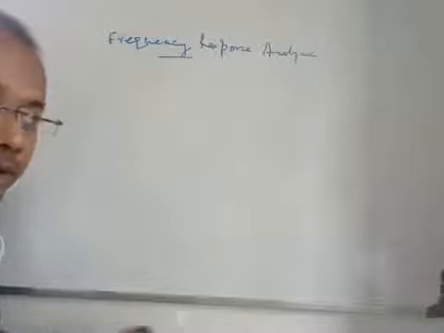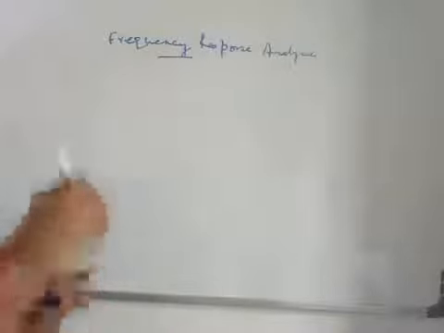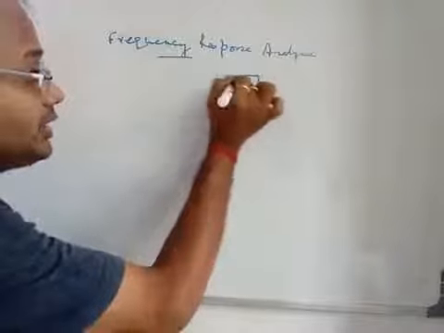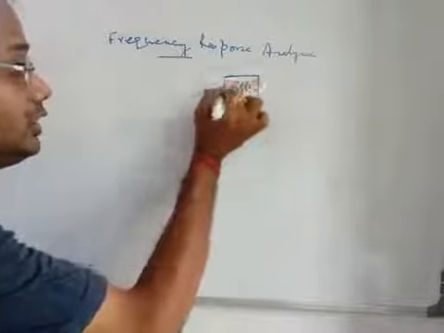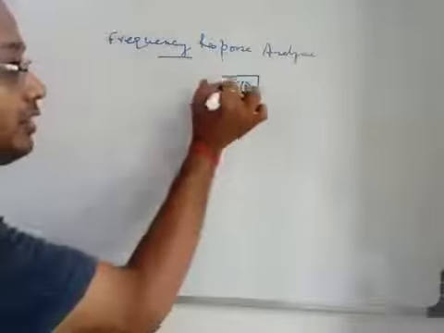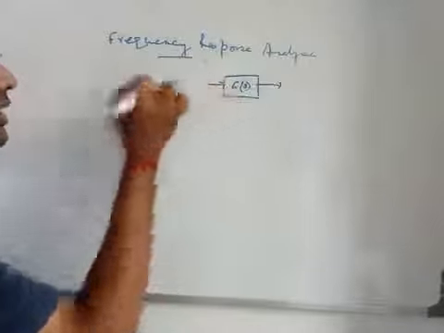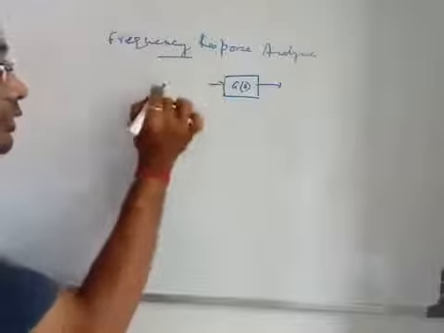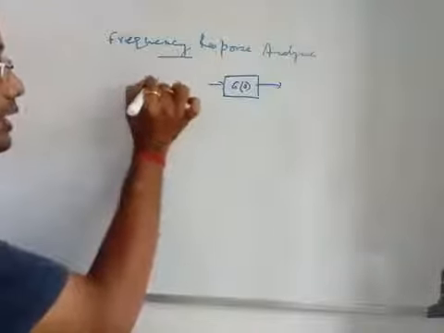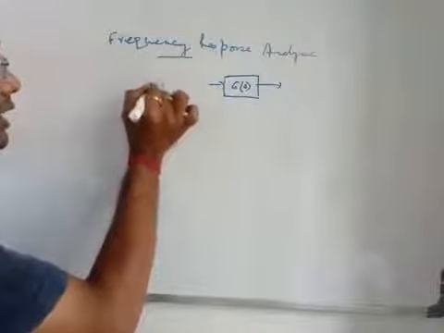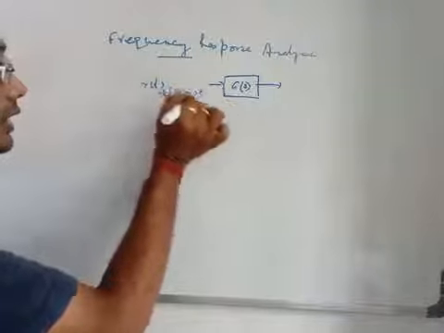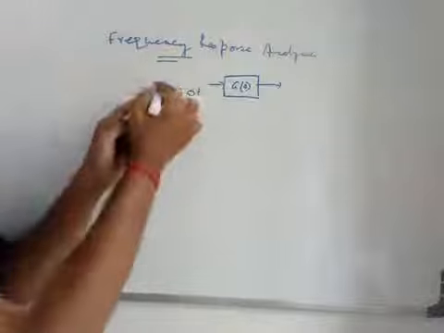I have already communicated. Now here, frequency response analysis means, for example, a system is given, say this is G(S), the transfer function of the system. Now instead of any signal which is normally a function of time, we will apply a signal, say r(t) equal to A sine omega t, a sinusoidal signal.